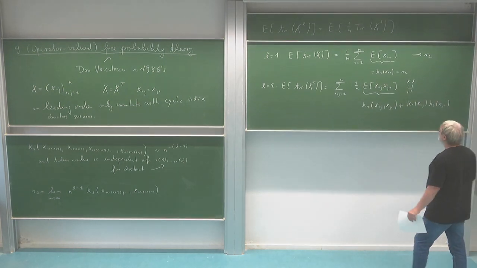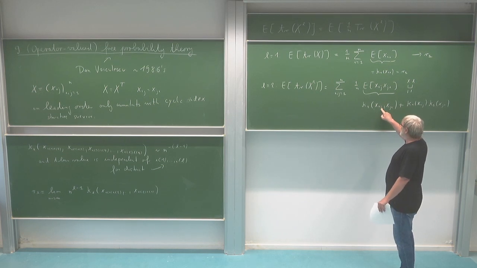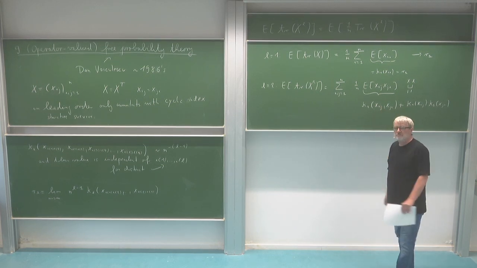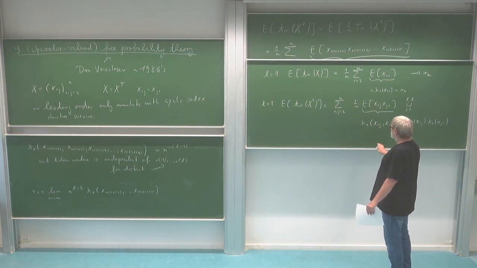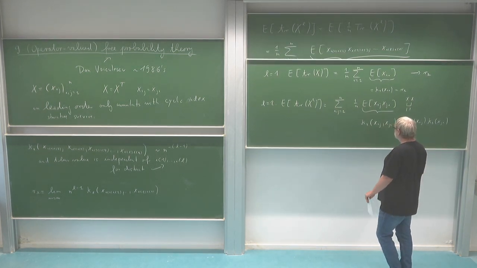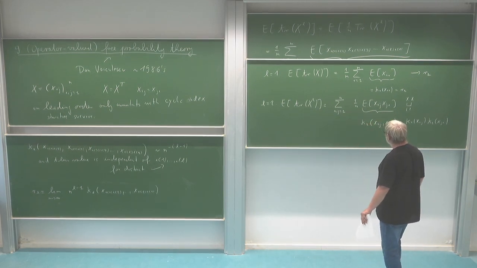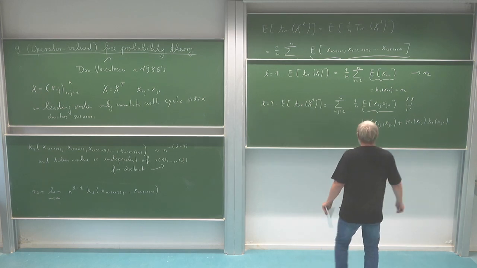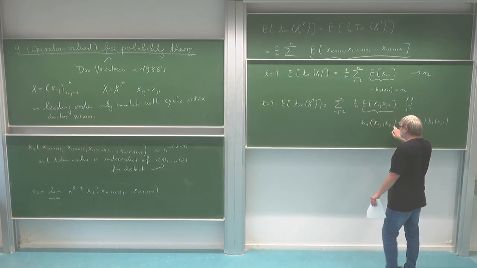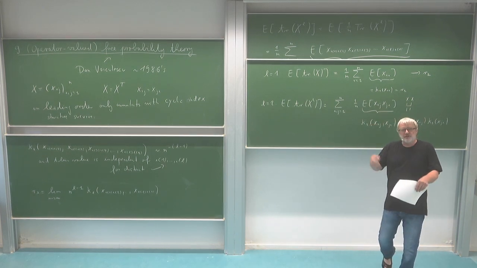Now we look at this contribution in i and j. For this contribution we can restrict to the case where i and j are different, because if they are the same, they will not survive in the sum. So if i and j are different, this is of order 1 over n, or this is always of order 1 over n. But if i and j are different, it's always the same value.